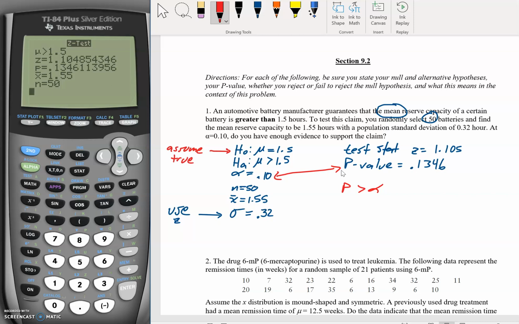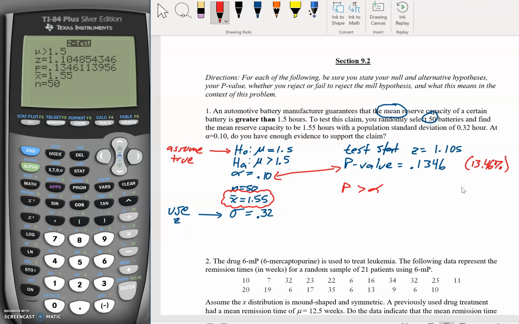What's the probability that we get this type of sample result, 1.55, if the null really is true? Basically, we're saying, how likely is it to get this type of sample, assuming the null is true? Well, this says we get that type of sample about 13.46% of the time.